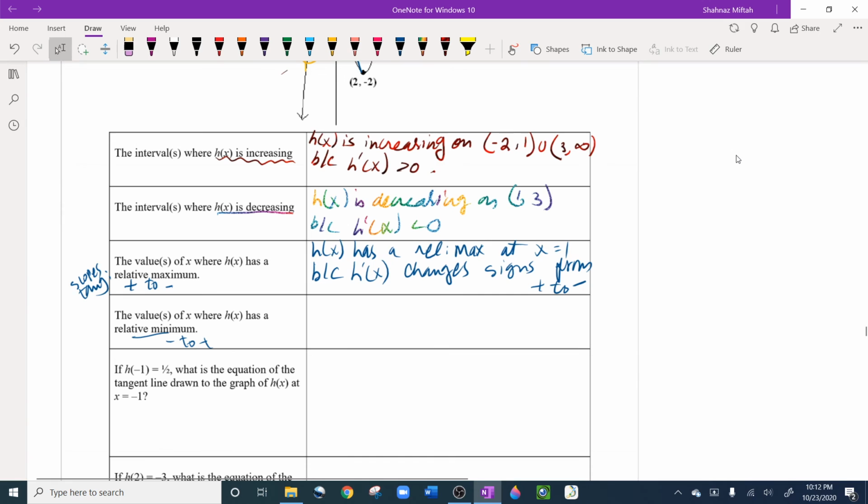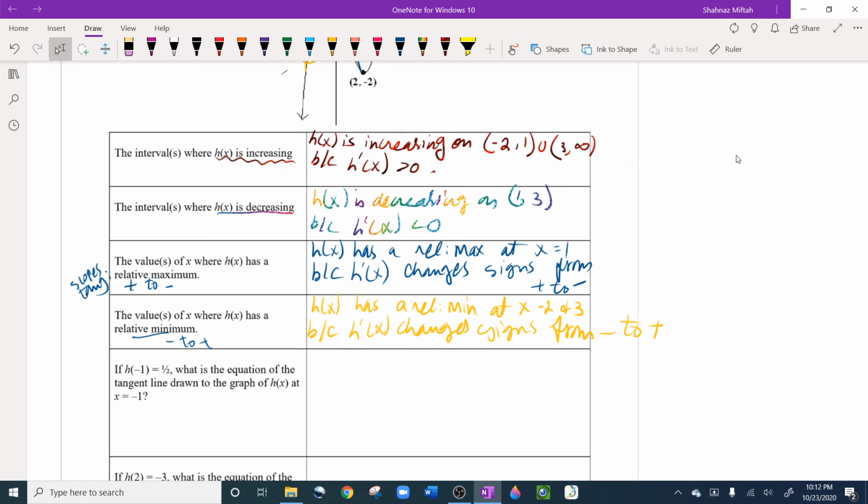So again, I'm going to pick the words from the question. hx has a relative minimum at x equal negative 2 and 3 because h prime x changes signs from negative to positive.